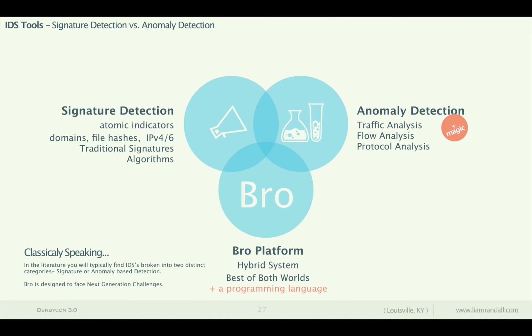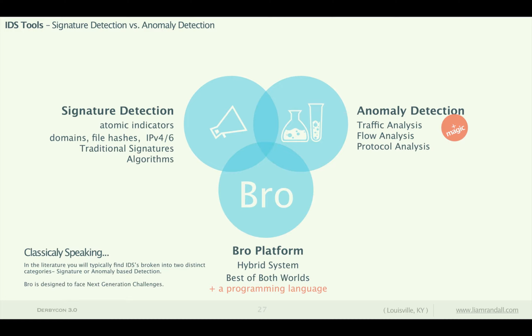This would be like Snort rules or atomic indicators of bad things, bad domains, bad file hashes, bad IPv4, v6 addresses, and so forth. Anomaly detection is defined somewhat differently depending on where you check, but I think that it generally means that you're going to use things like traffic analysis, flow analysis, and protocol analysis with a little bit of magic and special sauce to sort of determine when things are different on your network.